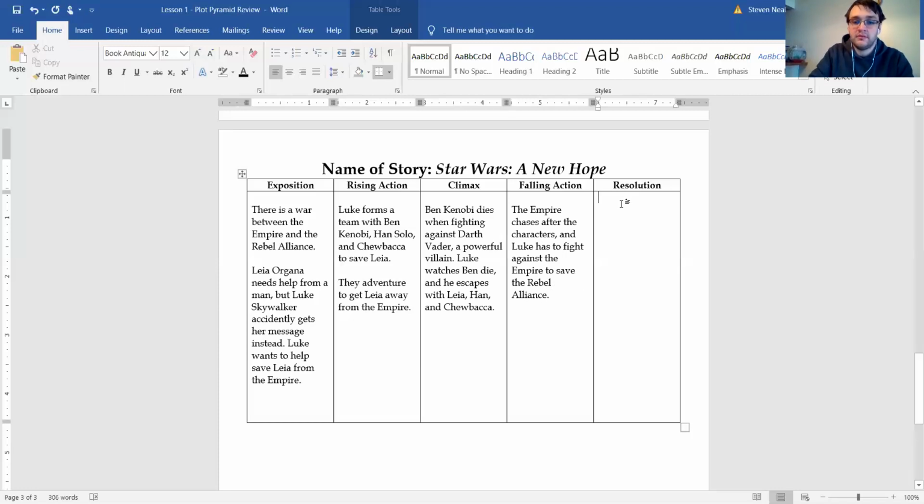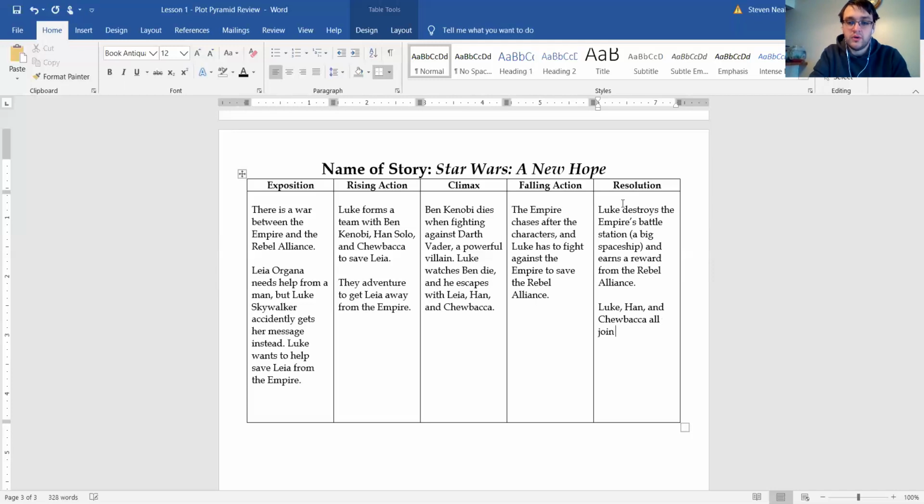The resolution: Luke destroys the Empire's battle station, which is like a big ship, a big spaceship, and earns a reward from the Rebel Alliance. Luke and Chewbacca all join the Alliance.